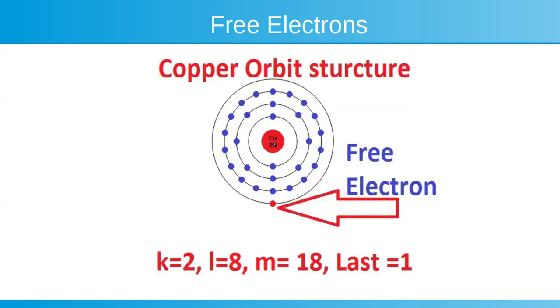Copper has four electron shells, we call them, with one of the older atom models. And you notice that the outer or the valence shell only has one electron in it.